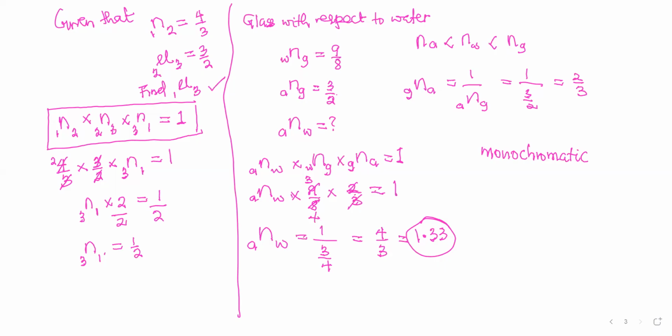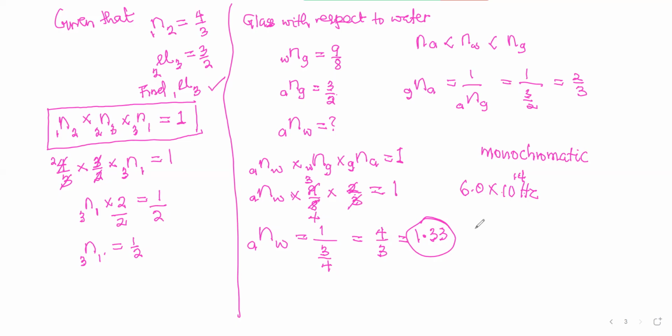So a monochromatic light of frequency 6.0 times 10 exponent 14 Hertz passes from air into a transparent material where its wavelength is measured to be 300 nanometer.